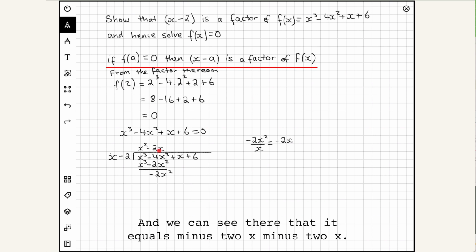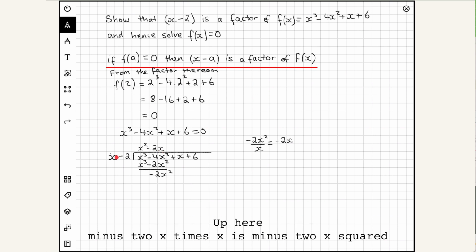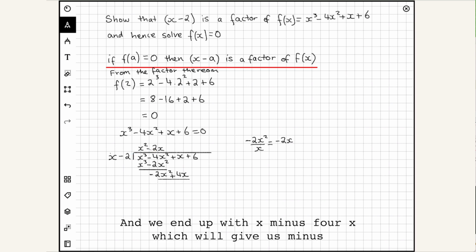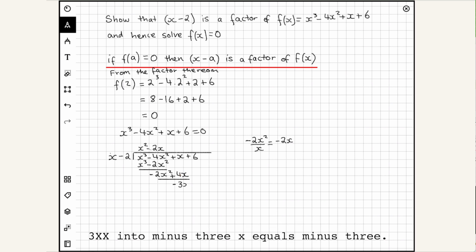So we've got minus 2x up here. Minus 2x times x is minus 2x squared. Minus 2x times minus 2 will give us positive 4x. Let's take that away, and we end up with x minus 4x, which will give us minus 3x.